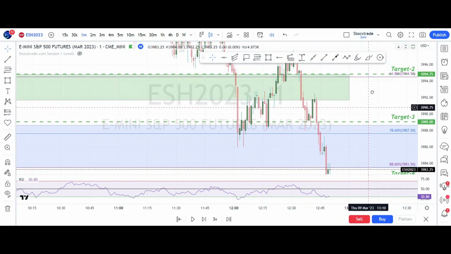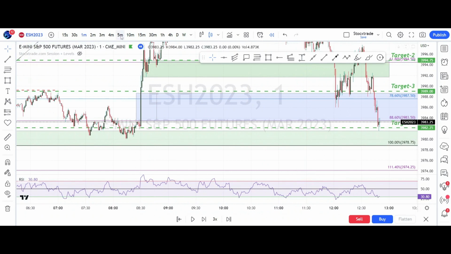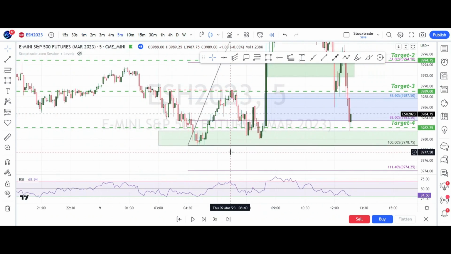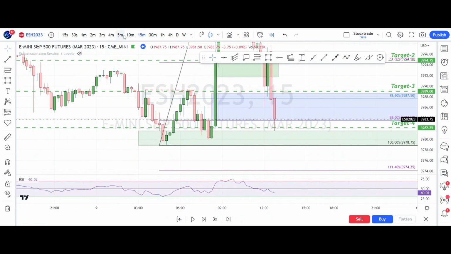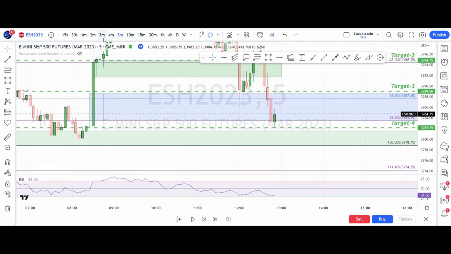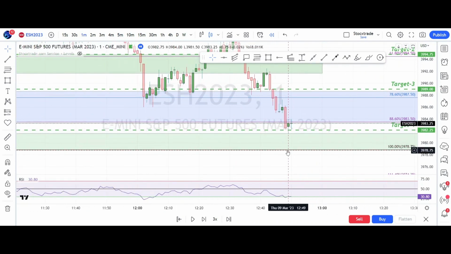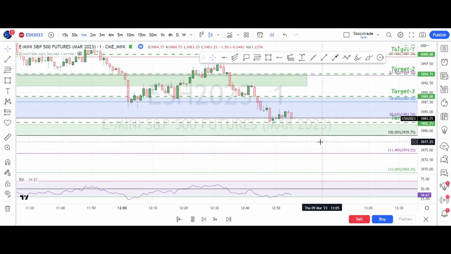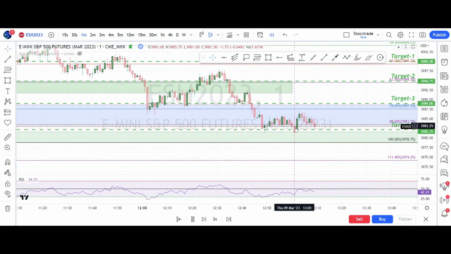Okay, I can remove this, because we marked this zone, this order block, previously on 15 minutes, I think. So the price exactly hit over this zone, and now we can see, if we have some time, where the price is going after hitting. Still we are getting some bearish wicks.